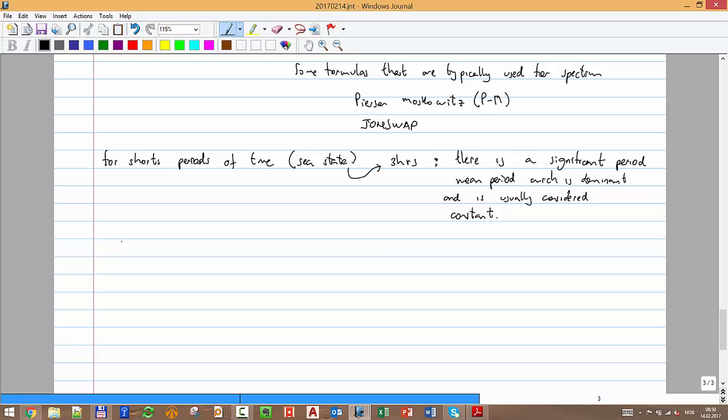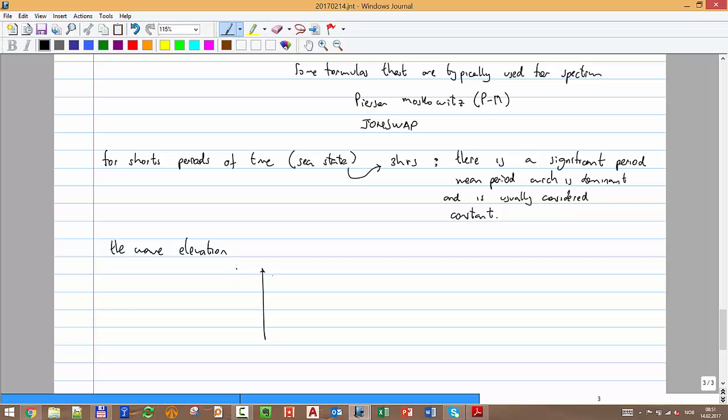But now the wave elevation, on the other hand, displays what we discussed the other day, the Gaussian distribution. It just displays a very nice normal distribution.